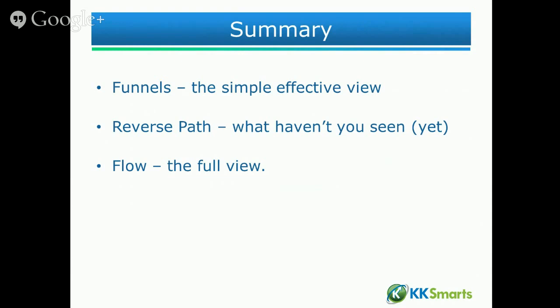That'll give you an idea as to where the holes are in your processes, which can be anything, although a lot of people will be interested in this from an e-commerce point of view. So there's funnels, there's the reverse path, what you didn't anticipate, what you haven't seen yet, and then there's goal flow, which is a fuller, more complex view.